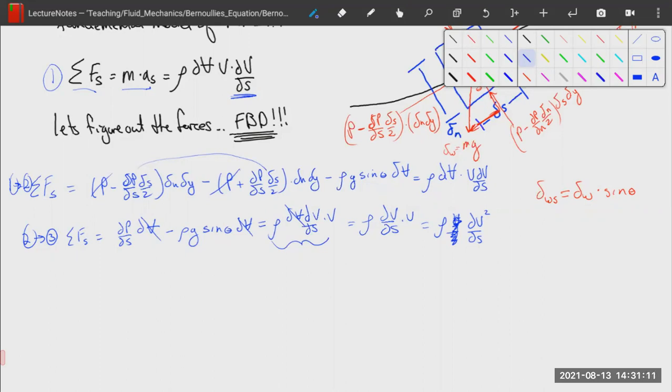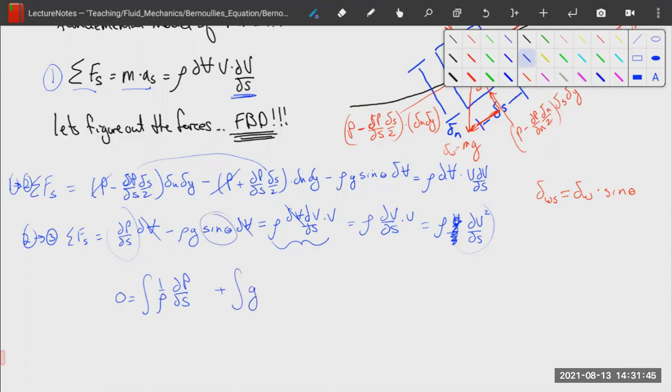And we have basically now a differential with respect to s on this side and a differential with respect to s on this side. And we can integrate this. We can say that 0 is equal to the integral of 1 over rho, because we're going to divide this by rho, 1 over rho of dp/ds plus the integral of g times sine theta.